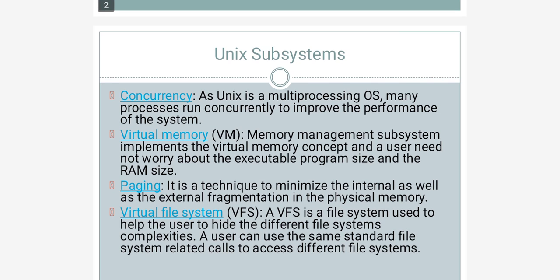The next one we are going to discuss is Unix subsystems. In Unix subsystems, we have four subtopics. The first one is concurrency, the second is virtual memory, the third is paging, and the fourth is virtual file system. Concurrency is the ability of the operating system to do concurrent operations at the same time.